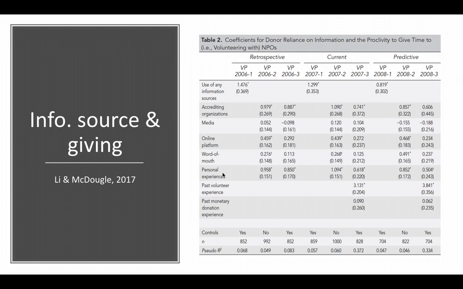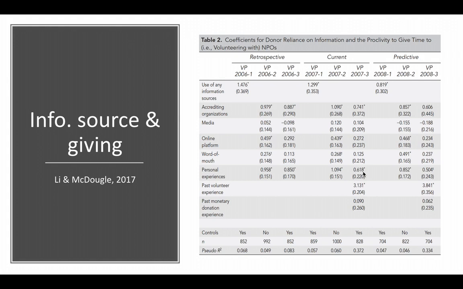So what do we mean 1 unit change in personal experience? From 0 to 1, right? From no, I didn't get information from my personal experience, to yes, I got information about nonprofits from my personal experience, which means if you got information from your personal experience, then we say how many units change in Y?